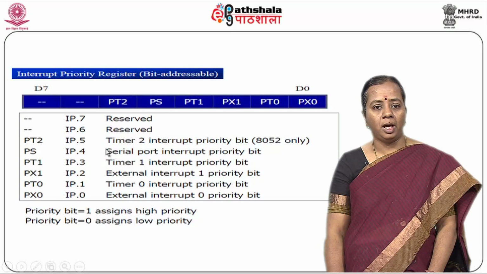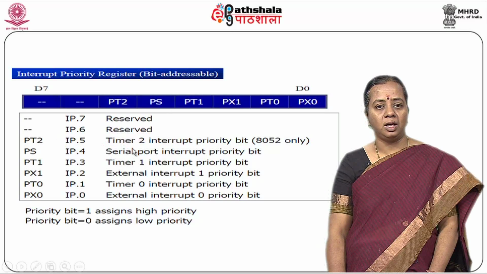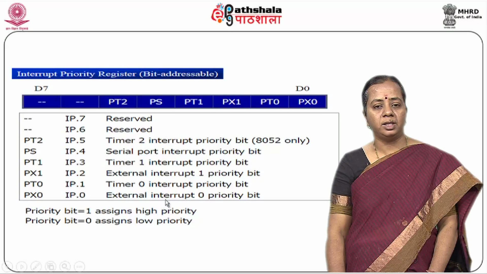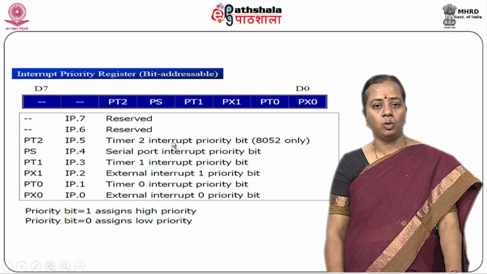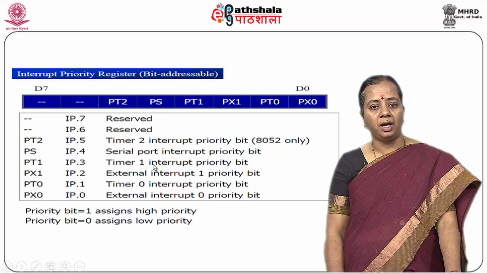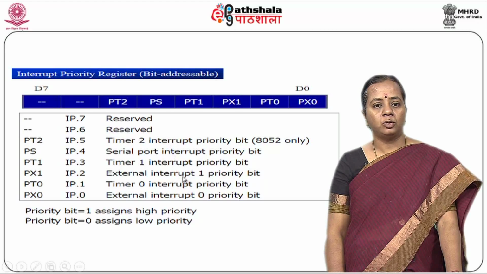So in this register, for timer 2, timer 1 and external interrupt bits, if I set 1, it identifies that it has been given a high priority and all other things are given a lower priority. Sometimes we can set two bits as 1, and then in this order which will be first and which will be second can also be taken care of.